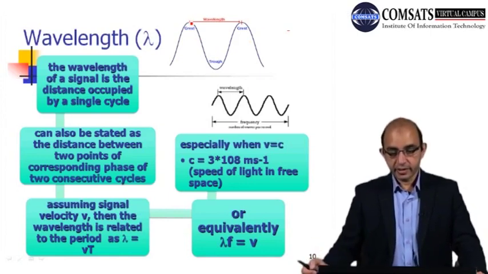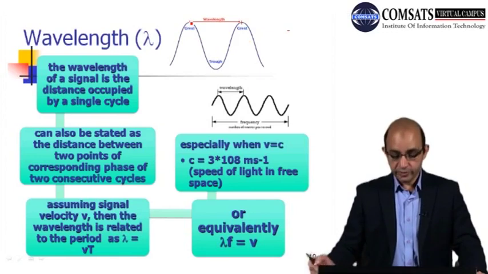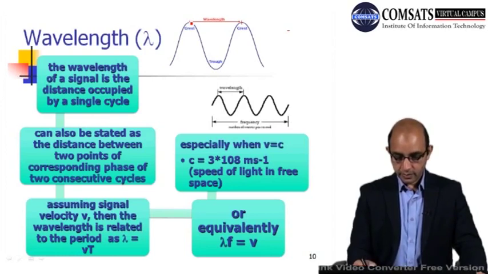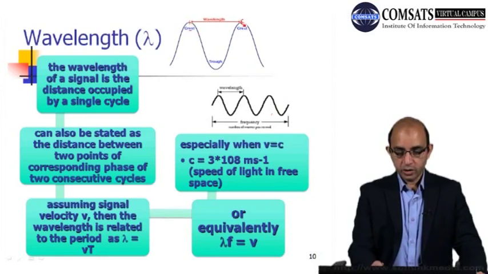The distance between two crests. If we define 2 points over here, 1 point here and 1 point here, this one and this one.